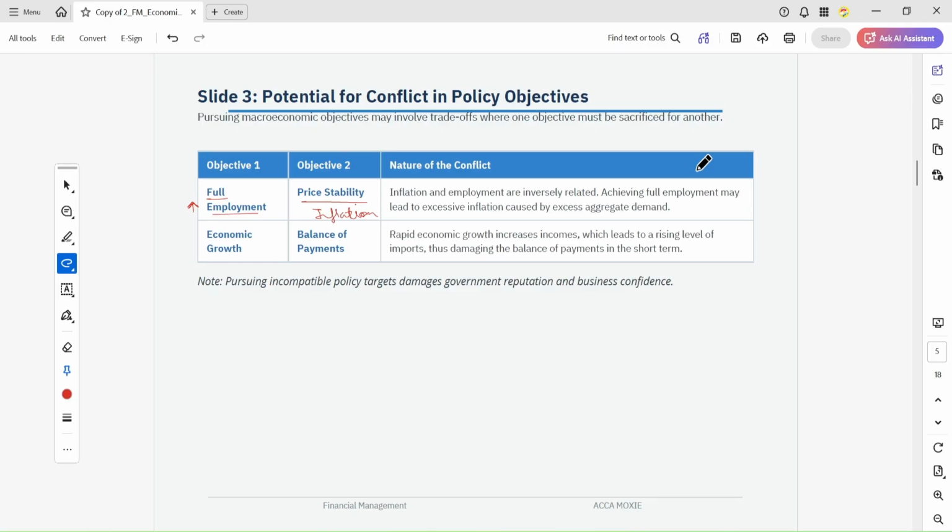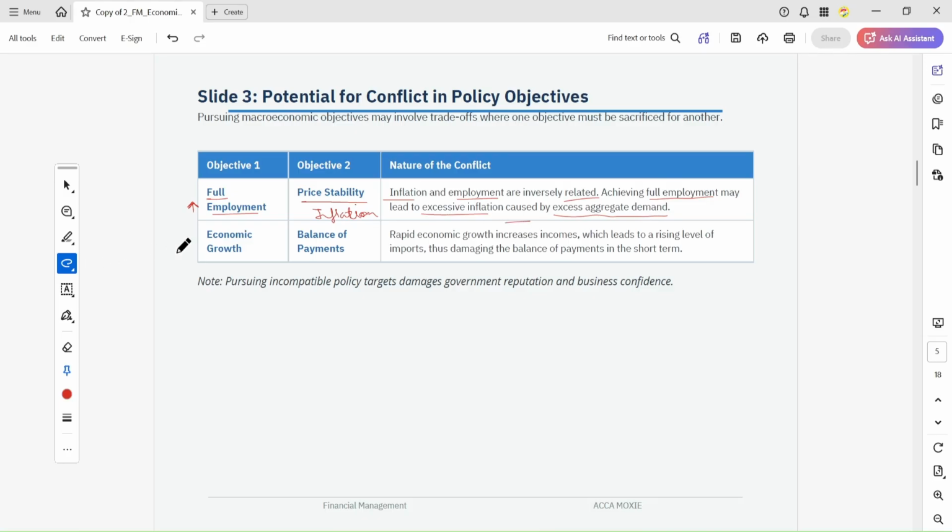And when the price increases, this means that inflation will increase. Inflation is higher. Okay, so that employment will create inflation. So the inflation and employment are inversely related. So achieving full employment may lead to excessive employment caused by excessive aggregate demand. We have already understood this in the diagram.